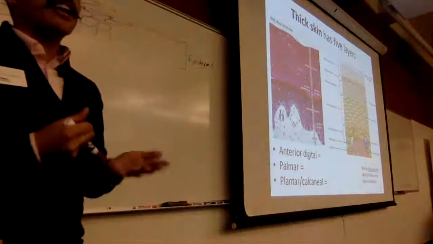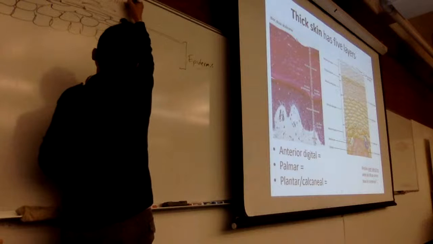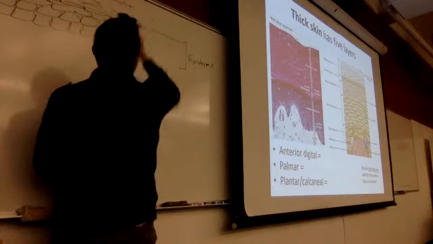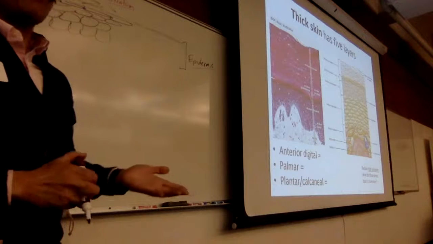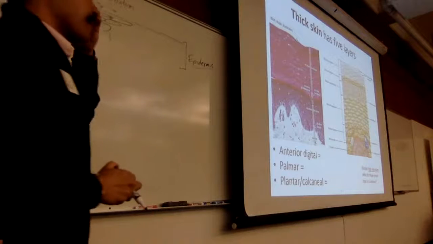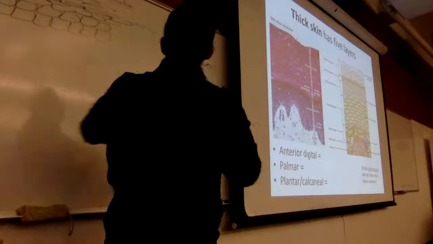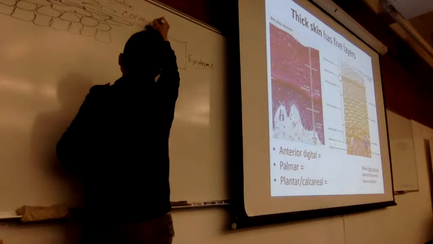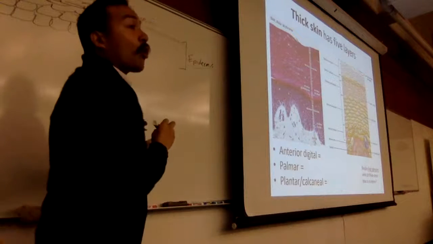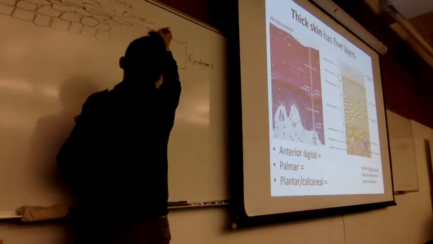The Latin term for layer is stratum, plural strata. The most superficial layer is called stratum corneum. We'll go over why they're called these things coming up. The next very thin layer is called stratum lucidum.